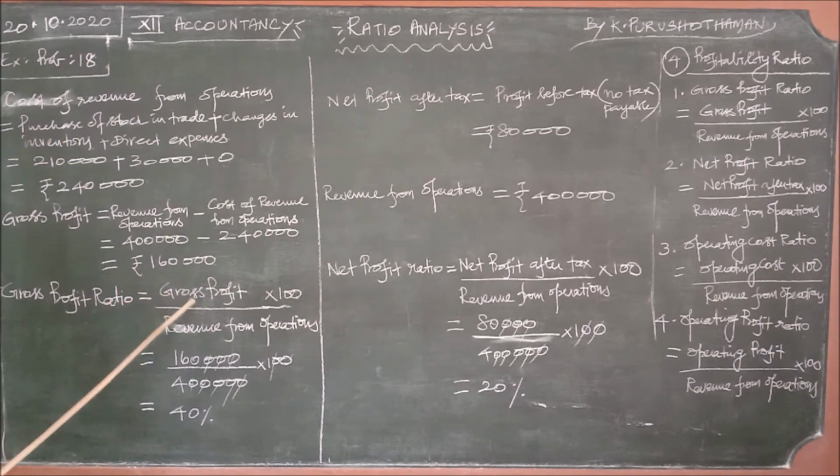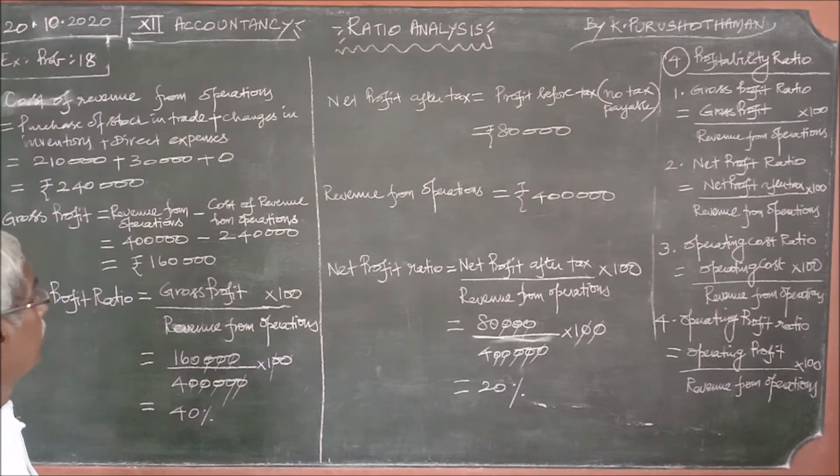Now we know the value of numerator, we know the value that is given straight away in the problem. So you substitute it, simplify, you will find 40%. So it is these two ratios may be asked.